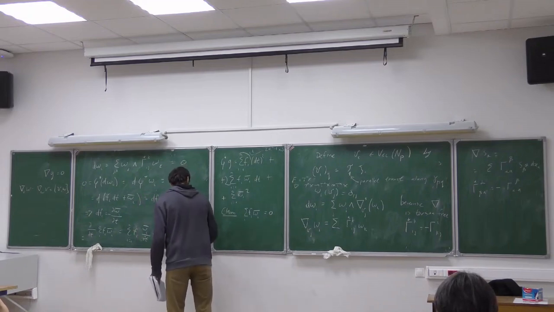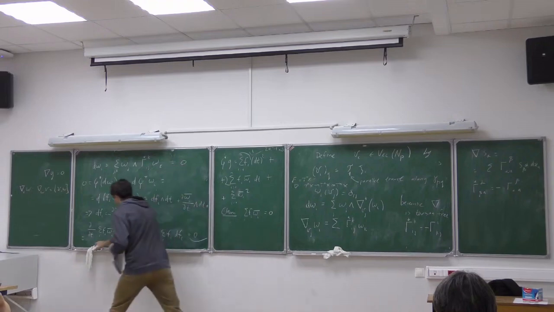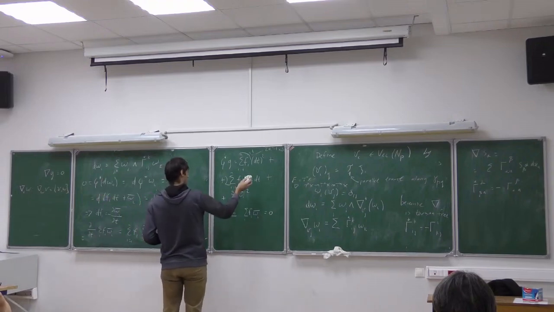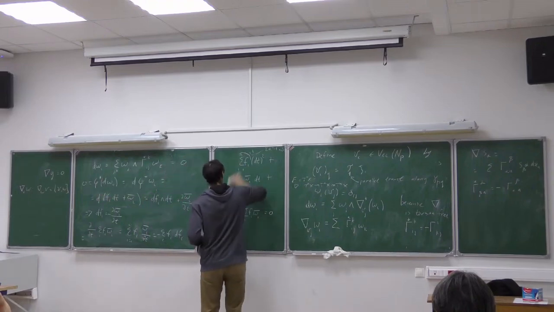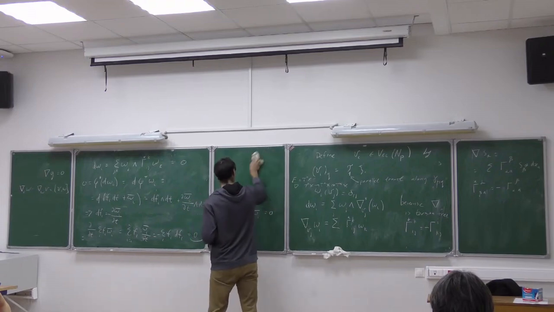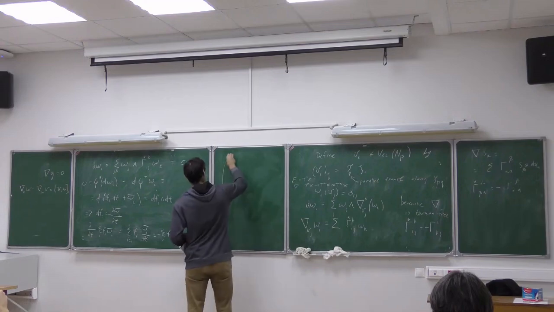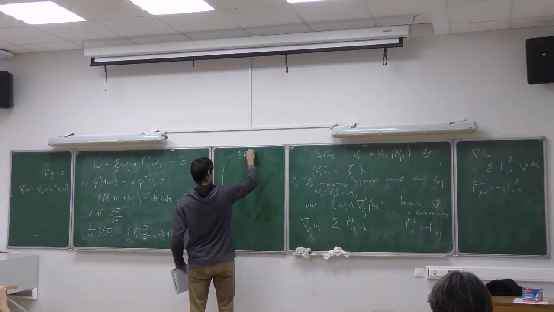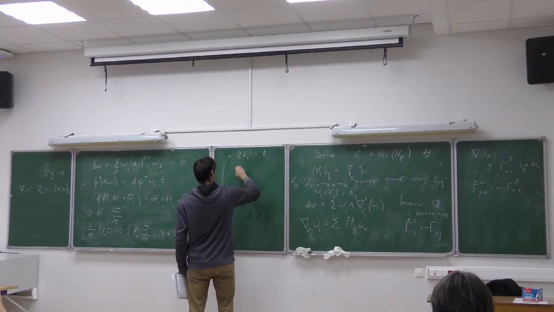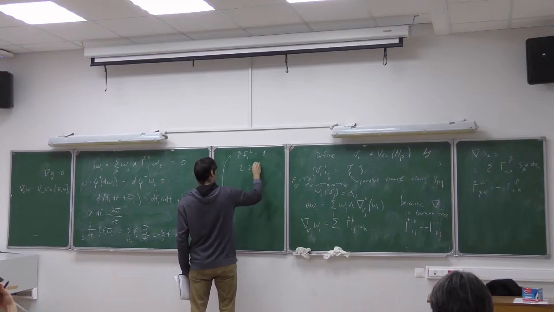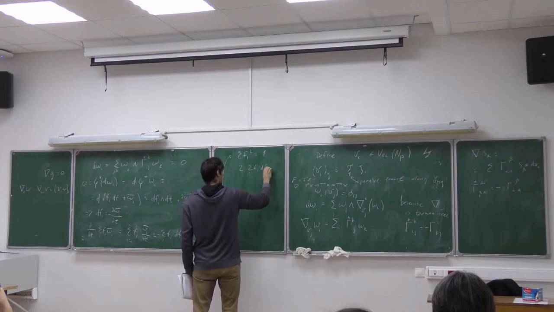Because I know that sum over phi I squared is 1, right? So I take d of both sides, and I will get 2 times sum of phi I d phi I is 0.